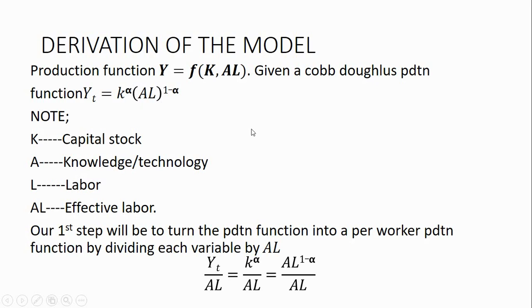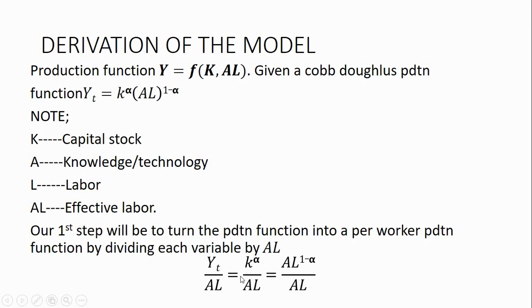Now before we continue with deriving this model, let us first turn our production function into a per effective worker production function, and we do that by dividing each variable here in our production function by AL, by effective labor. So that's why we have Yt over AL being equal to K over AL power alpha.